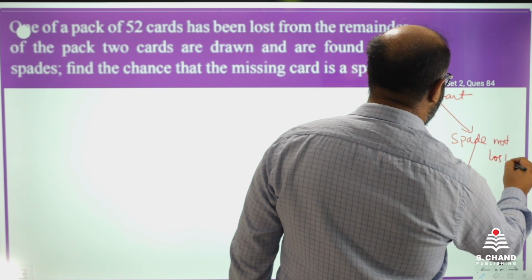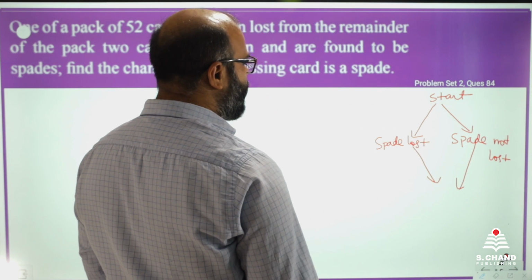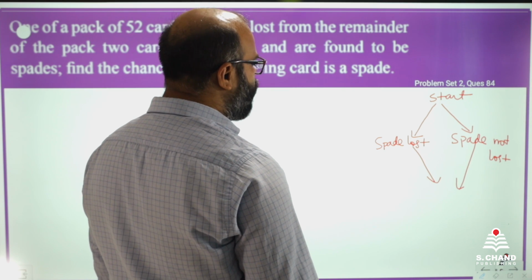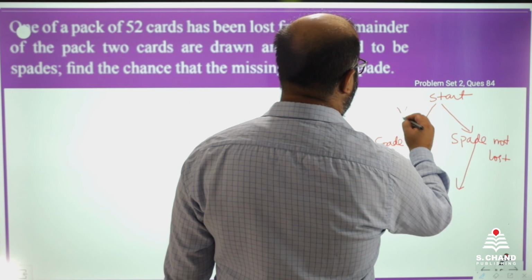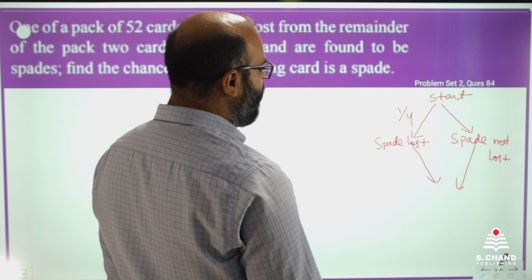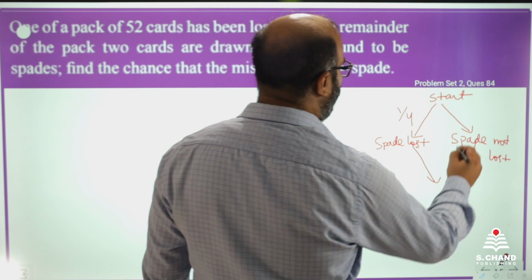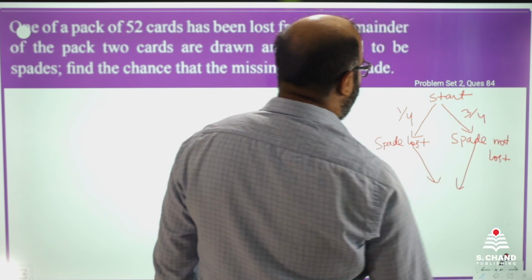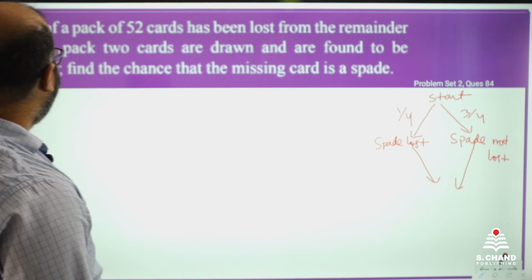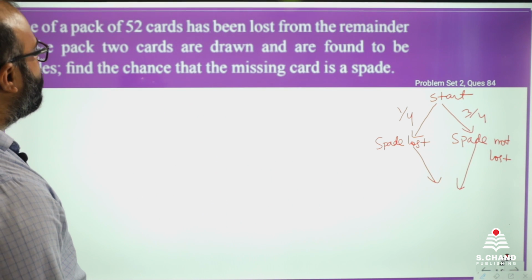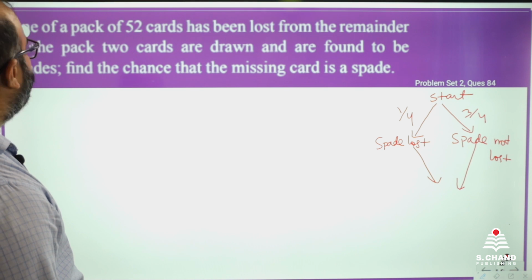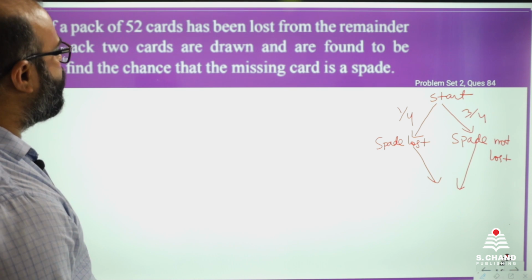What is the probability of losing a spade? Since there are 13 spades out of 52 cards, it is 1 by 4. And what is the probability of a spade not lost? It is 3 by 4. Now it is said that out of the rest of the pack, two cards are drawn.